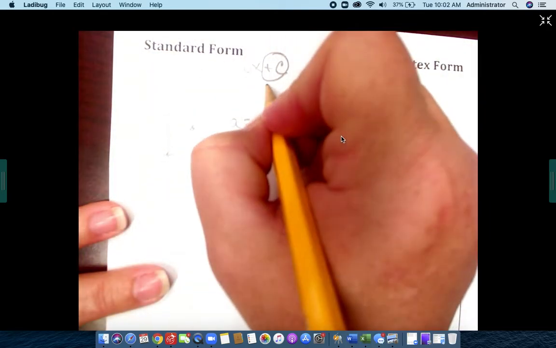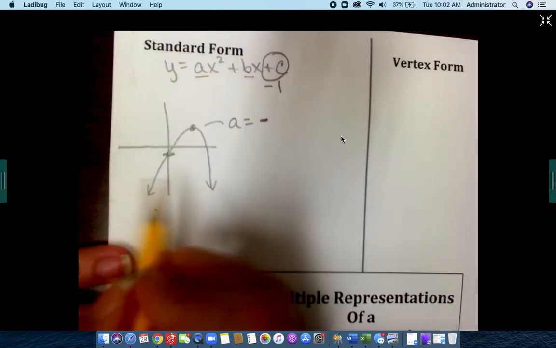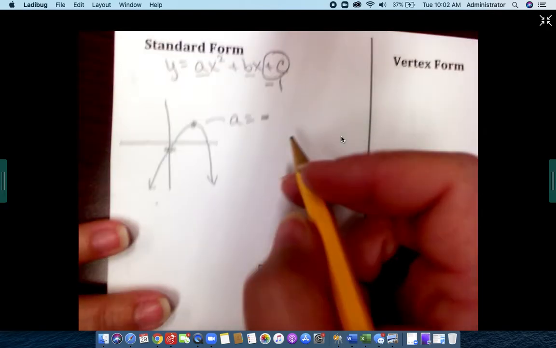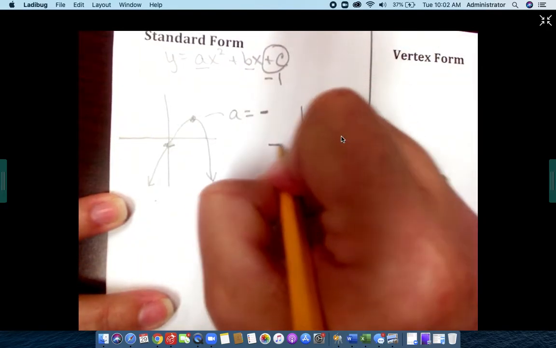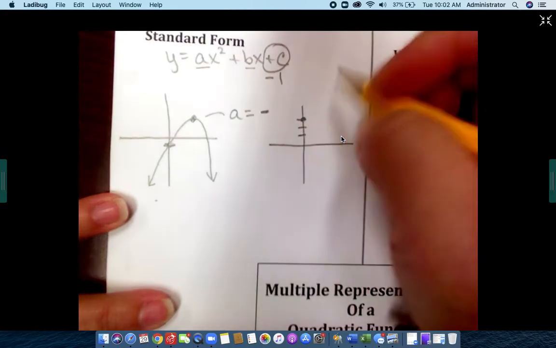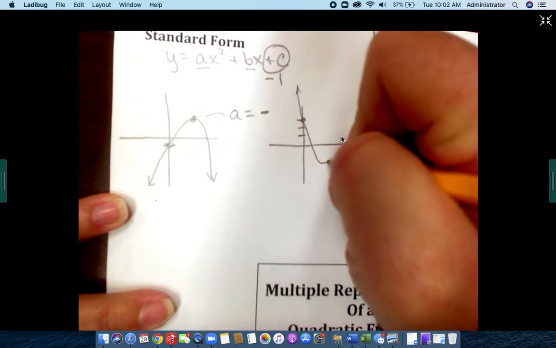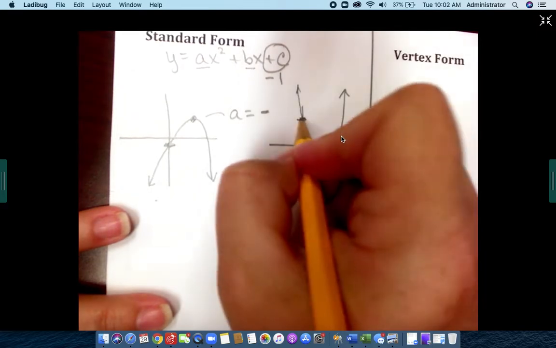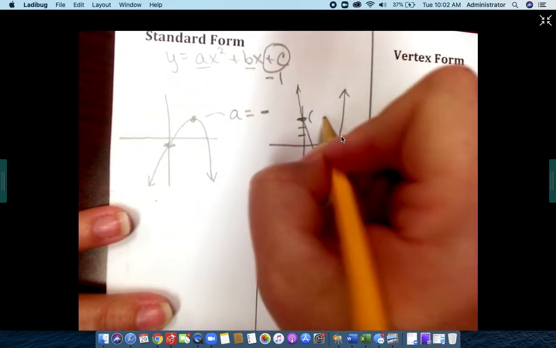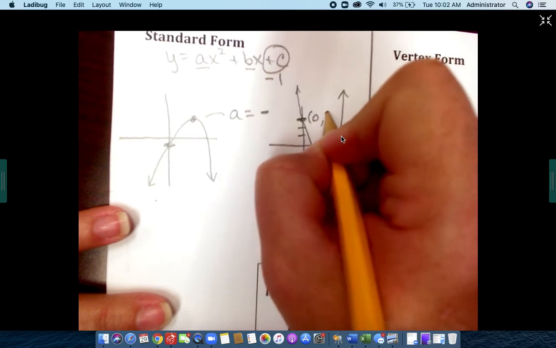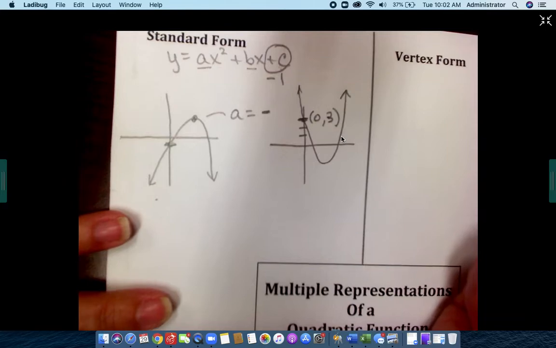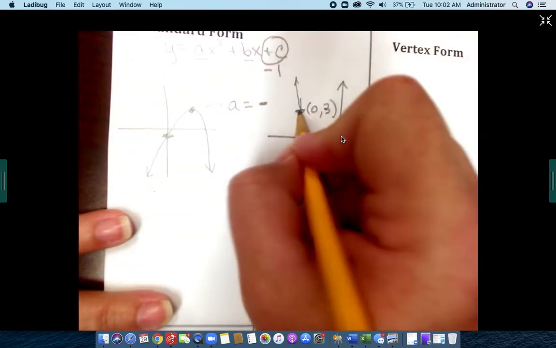So in this case, I know that my c value is -1 because it crosses at -1. If I have a parabola that opens up, then in this case, my y-intercept is the point (0, 3), and I know my constant term would be 3. Okay? So that's important.